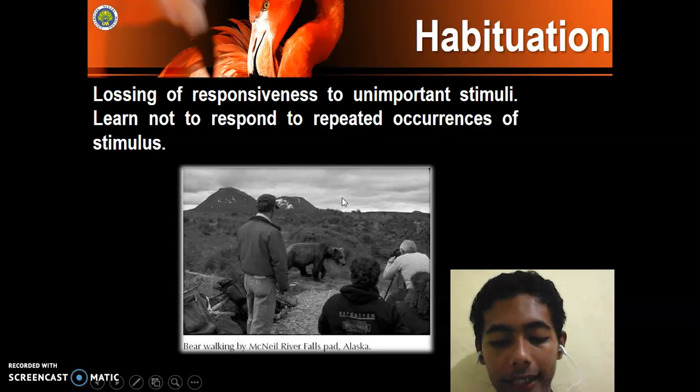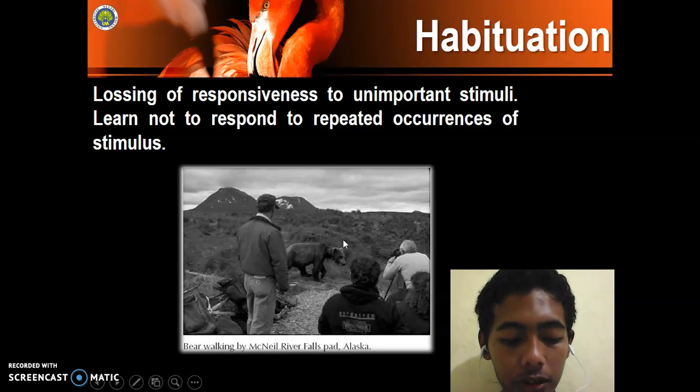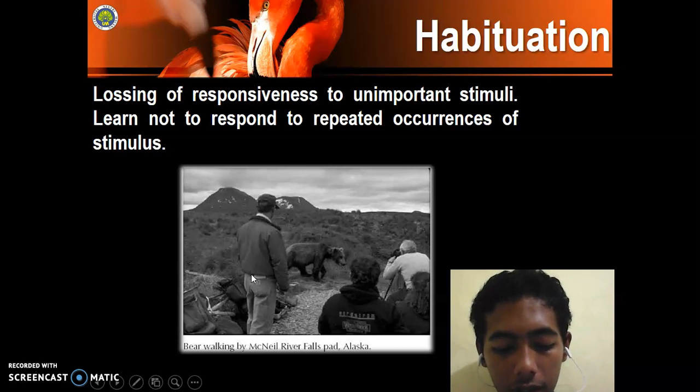For example, brown bear habituation in Alaska. Bear viewing leads the bears to tolerate people at close range.